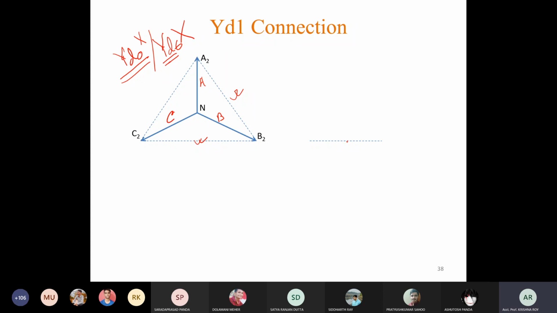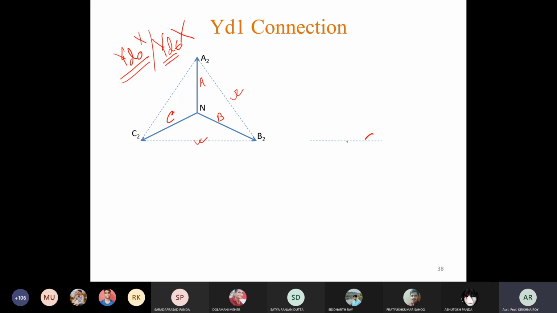So with this reference line, this delta EMF will make how much angle? 30 degree. And one means lagging or leading? Lagging. So minus 30 degree. So it has to make minus 30 degree here.